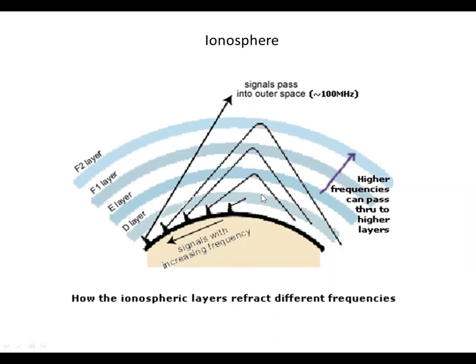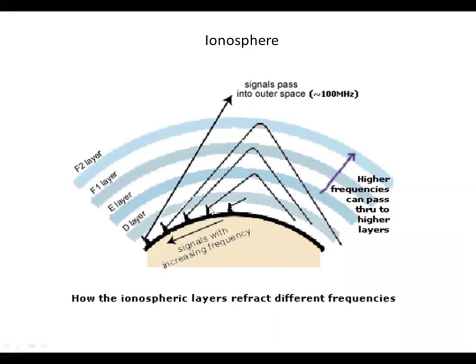So at this frequency, you're not going to get any transmission downrange to other stations. Then at a little higher frequency, the propagated energy can get through the D layer and can bounce off the E layer and be received at another station here at the end.